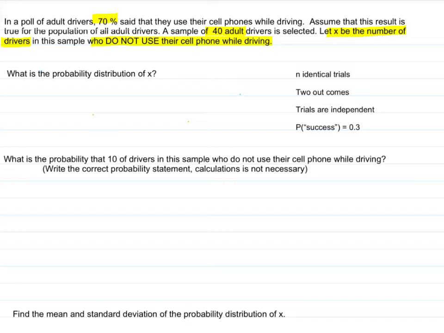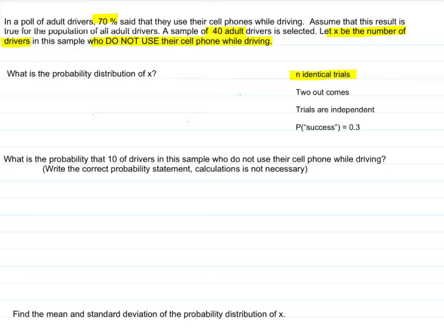Okay, we have 40 adult drivers. It means we know the number of trials, n, identical trials. Then how many outcomes do we have? We consider drivers who do not use a cell phone and drivers who use their cell phone.